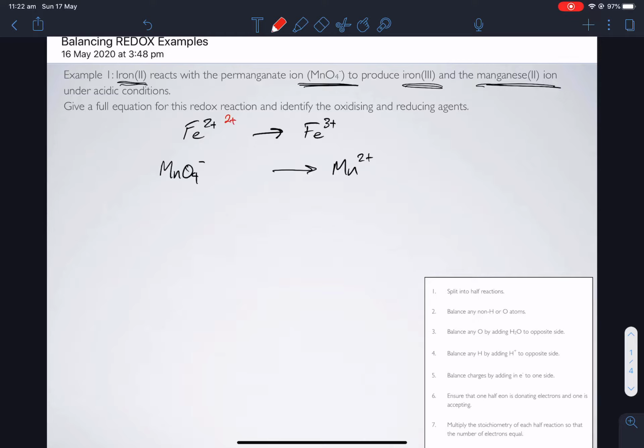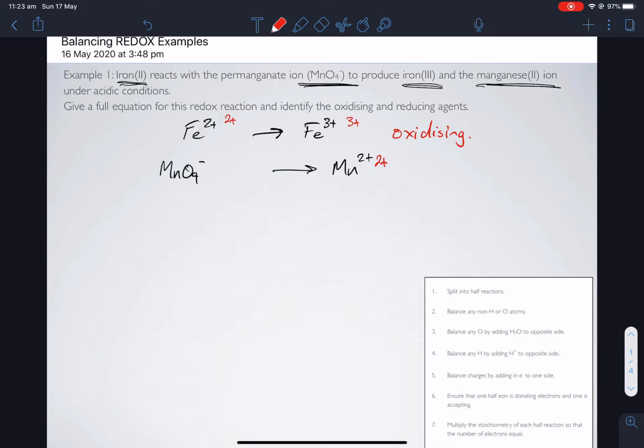So that one's 2 plus, that one's 3 plus. So it's increasing, so it's oxidizing. Remember, oxidizing is loss of an electron, so it's lost an electron there, and we'll see that when we balance it. We can do the Mn2 plus easily, that's just 2 plus.